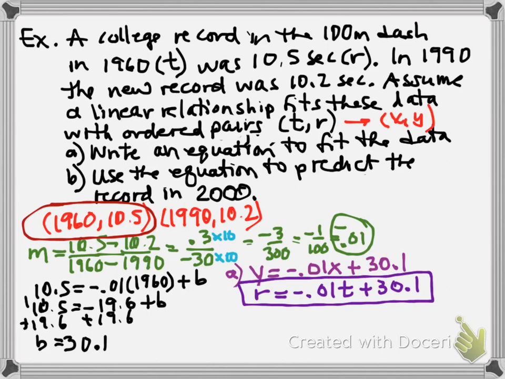to A. For part B, we're going to calculate R equals negative 0.01 times 2,000 plus 30.1. So again, I'm multiplying by a negative, so I'm going to get a negative, and when I multiply by 0.01, it says just move your decimal point left twice, and you end up with negative 20.